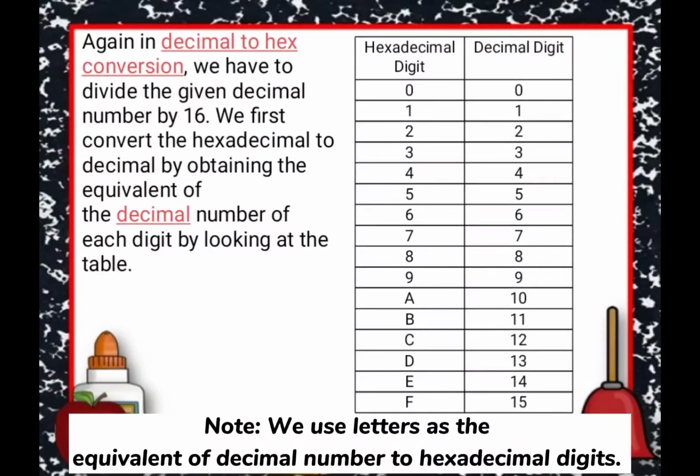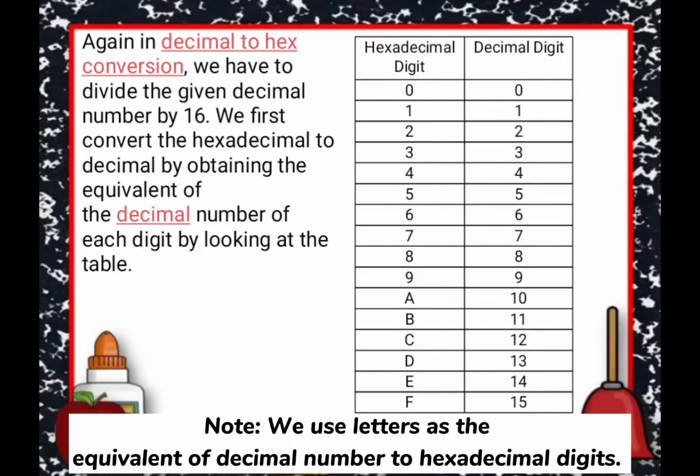So again, in decimal to hex conversion, we divide the given decimal number by 16. We convert each remainder to its hexadecimal digit by looking at the table.